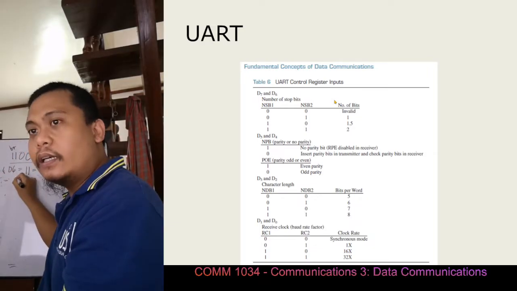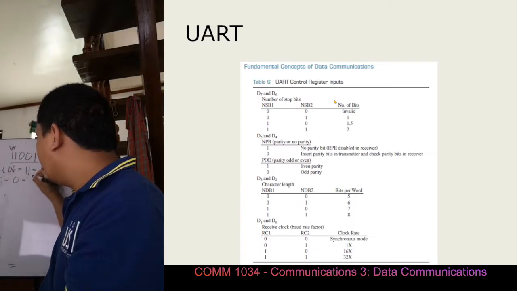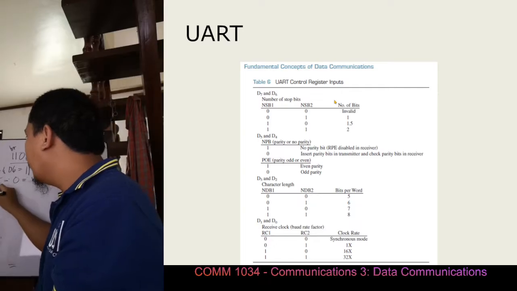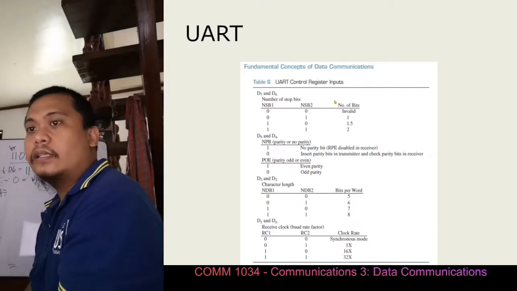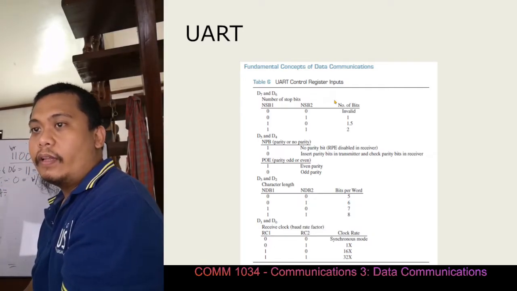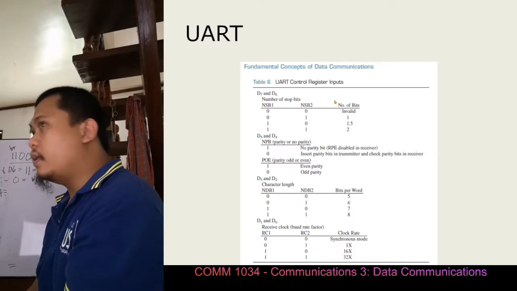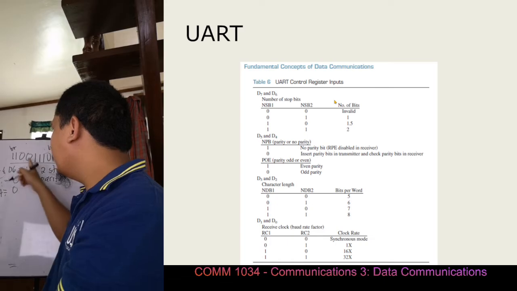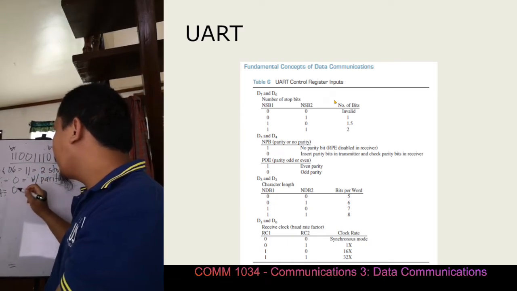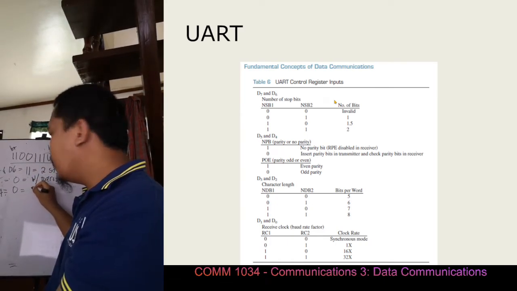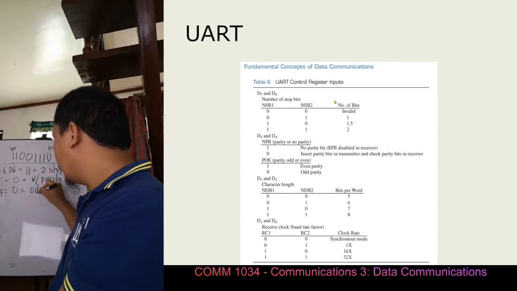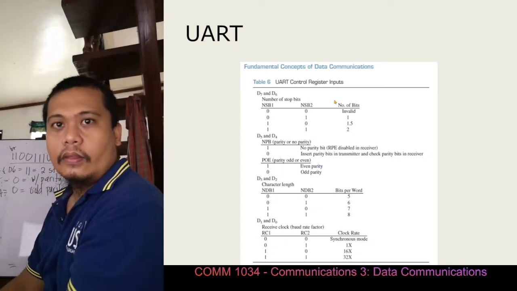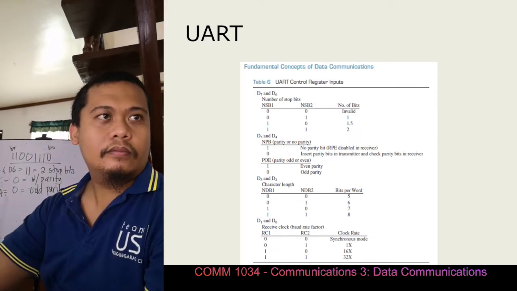Since 0 siya, ibig sabihin, with parity siya. Then D4 indicates if its parity is odd or even. So, since this is 0, D4, ibig sabihin, we use a parity. Okay? Kita ba?